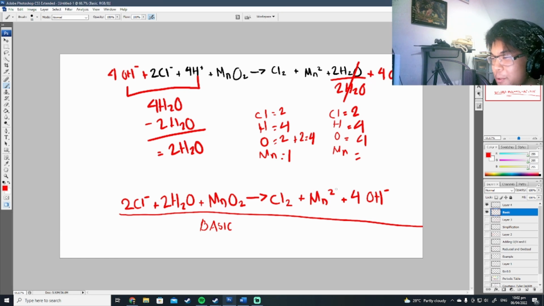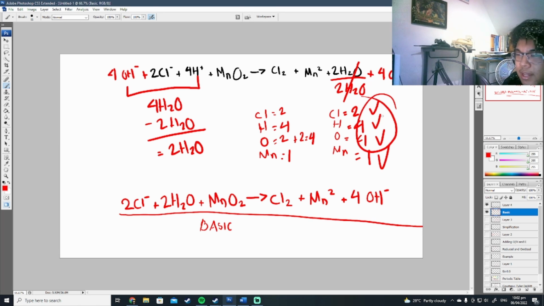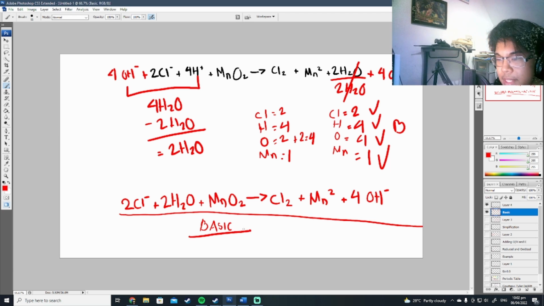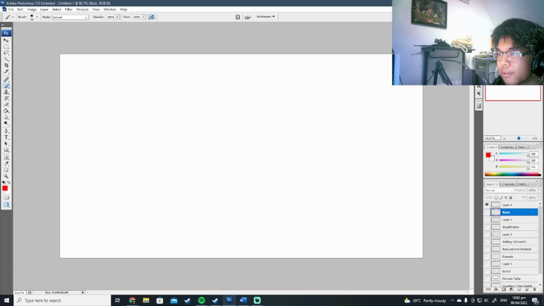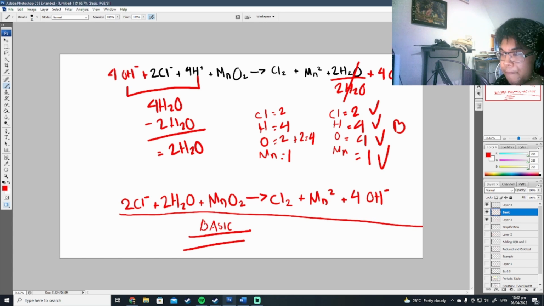Yeah, this is a superscript, I almost got confused there. So we have 2, 4, 4, 1. Balanced out. And now we have our basic solution and our acidic solution. Both have checks.